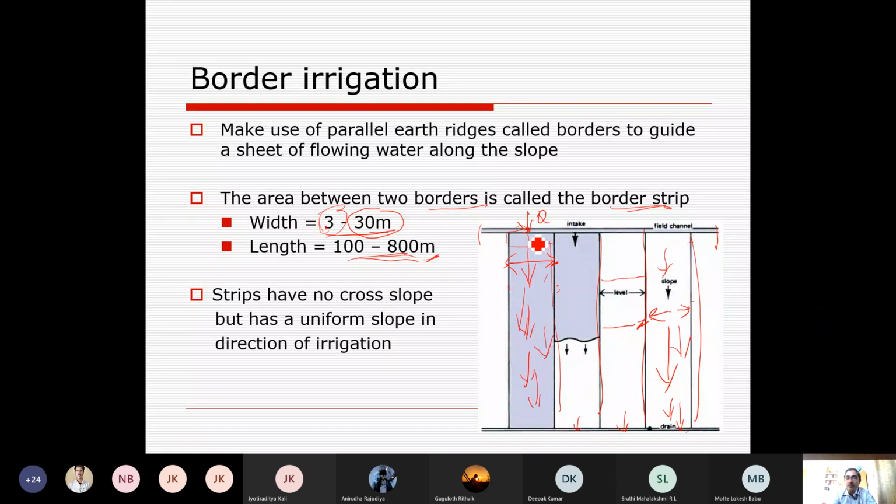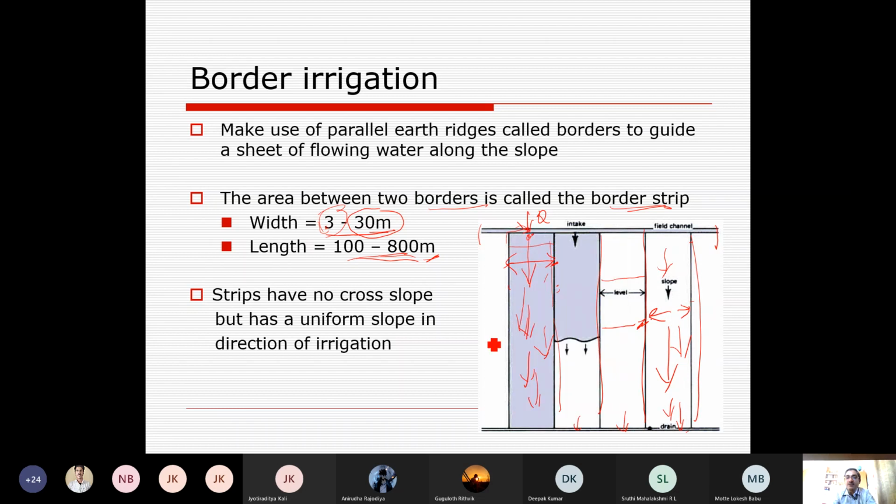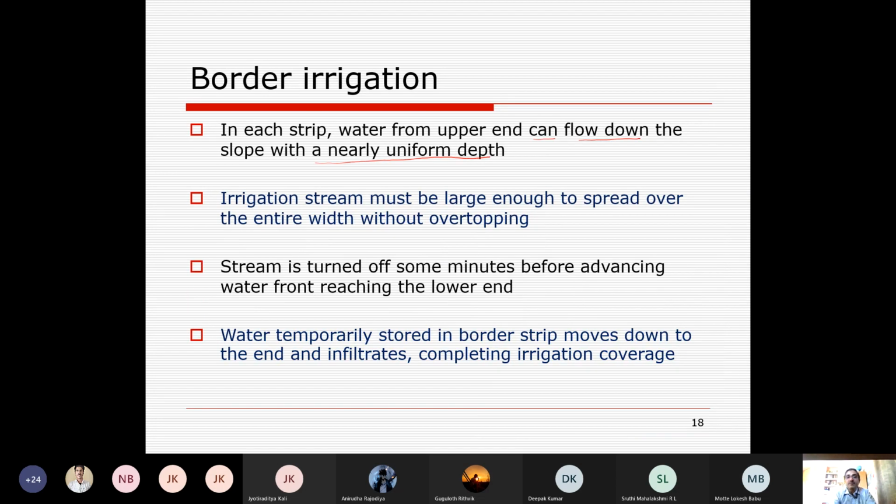Opportunity time advances from here up to here, and then there is the opportunity time in between the advance and recession conditions. So the simple idea is water from the upper end can flow down the slope with a nearly uniform depth.